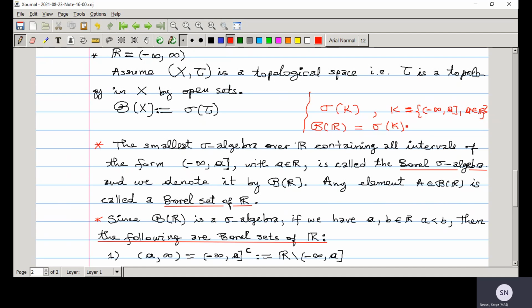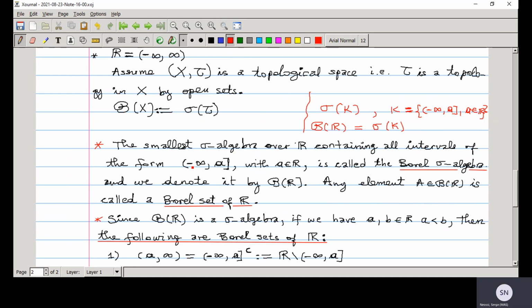Even though you can also take K to be the open interval (a, b), where a and b are two elements of R and a is less than b, it will give you the same thing. It will generate the same Borel sigma algebra. But in our case, this is what we selected.